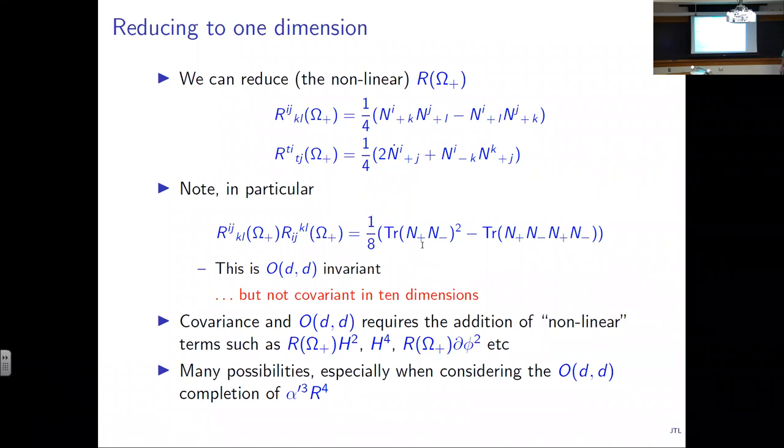Okay, R H squared is order alpha prime. No, everything on the slide is order alpha prime, well, not everything, but starting here this is alpha prime. Now you're talking about adding alpha prime cubed. I don't understand. Where am I? Sorry. Oh, no. The last bullet point is sort of saying... I'm mixing up orders. All I mean is if I start with R squared, I'm going to have to add additional 4-derivative terms.